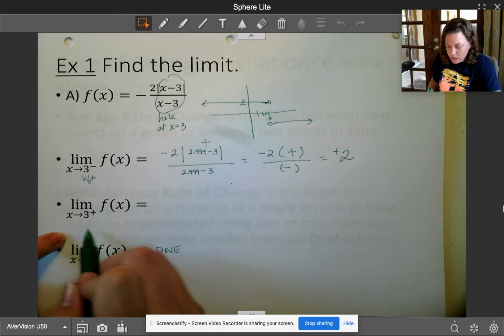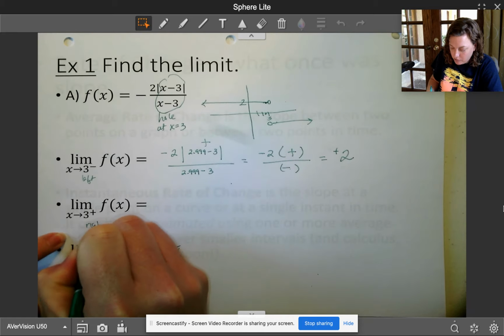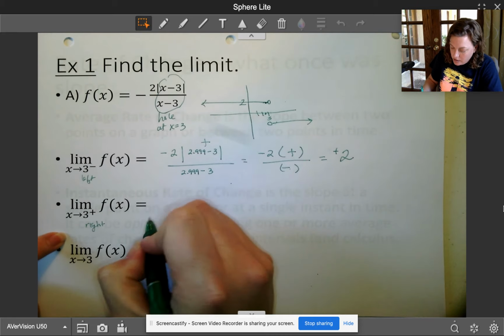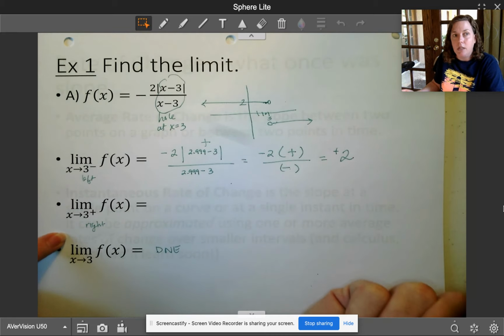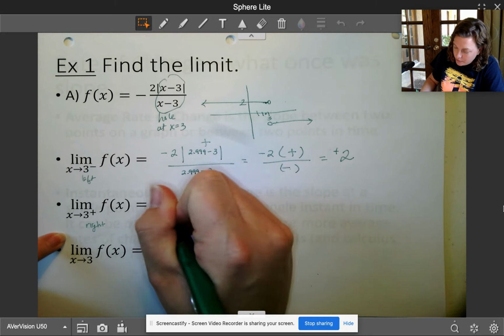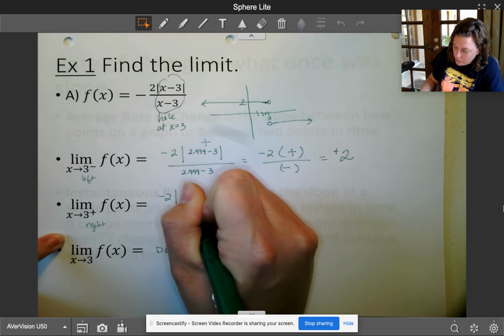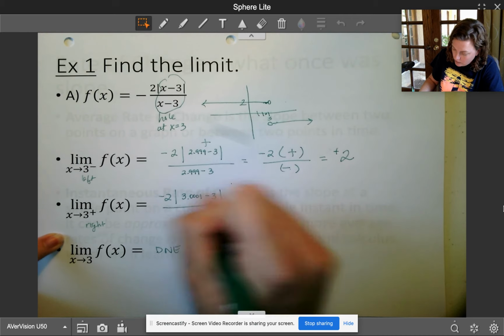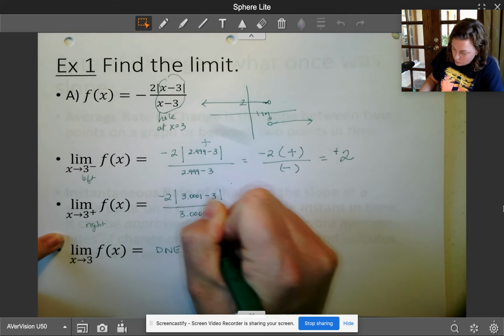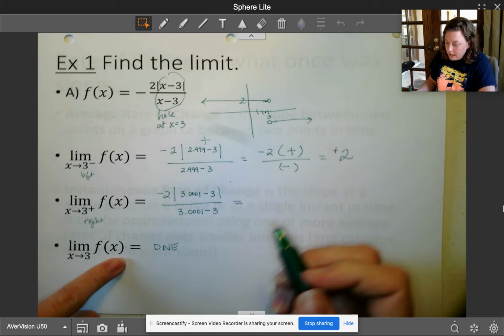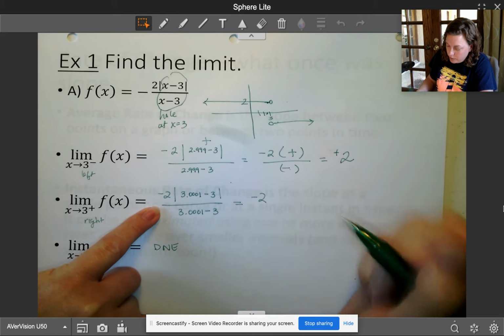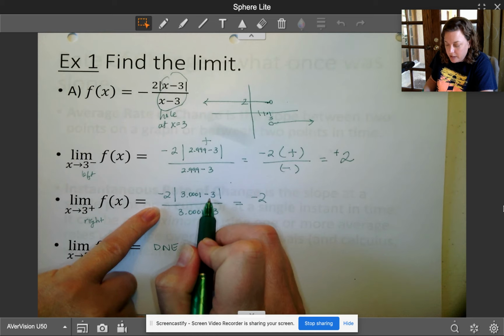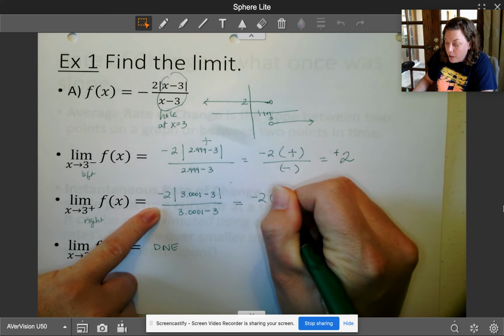Okay, we can do a similar thing here if we want to be just to the right side of 3. So that'd be a number like 3.0001 maybe. So -2, and then if it was 3.0001 over 3.0001. Well, again, there's a -2, and then 3.0001 minus 3 is some positive value.